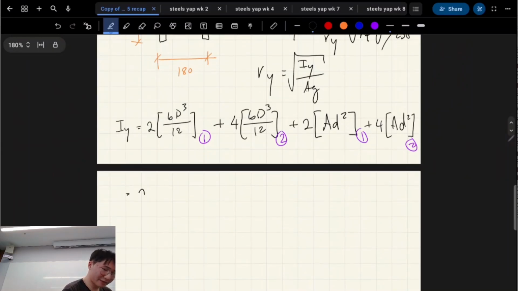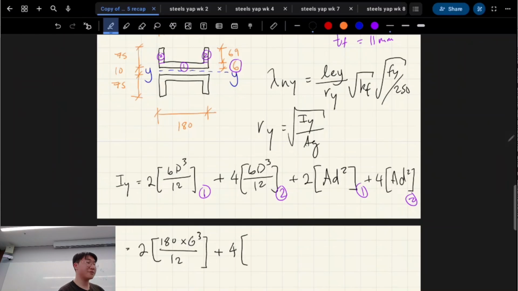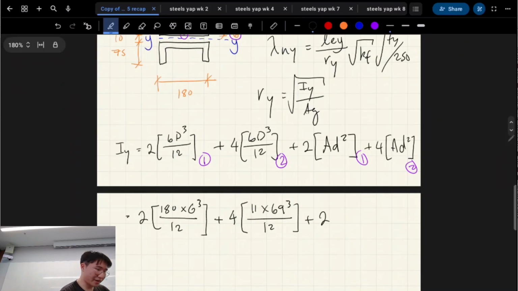Okay. So for shape 1, our width is 180 and our depth is 6. For shape 2, which is our little flange element, the width is 11 and our depth is 69 cubed. For the parallel axis theorem shift, we're doing the area, which is 180 times 6, same as here.